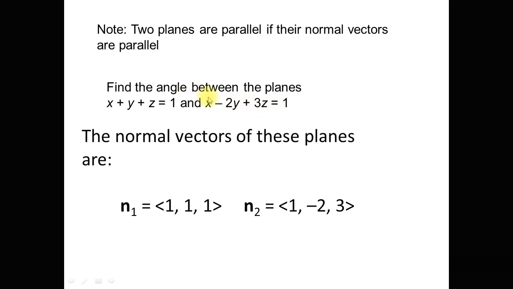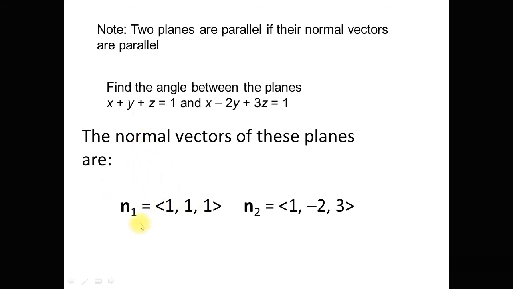For the angle between these two planes, first of all choose the normal vectors for these two planes. Since the coefficients in the first plane are 1, 1 and 1, these are the values of a, b and c in ax plus by plus cz. By comparing this equation to the general form, we obtain the a value is 1, the b value is 1, and the c value is also 1.